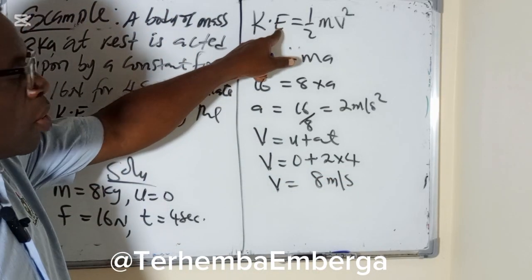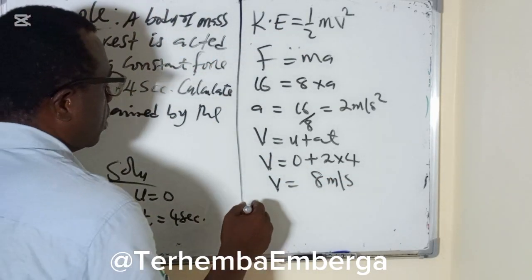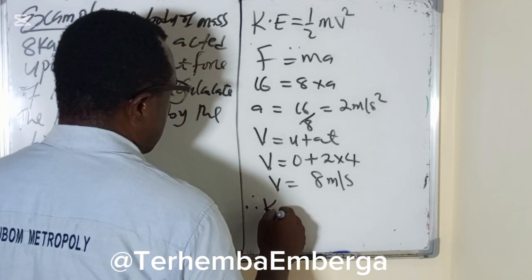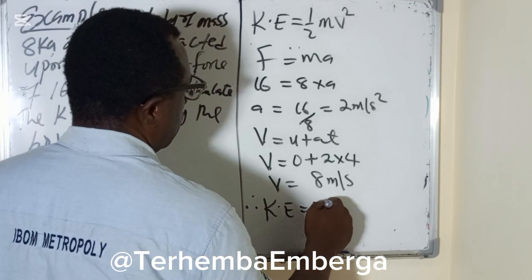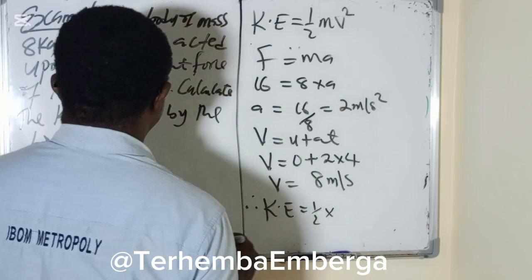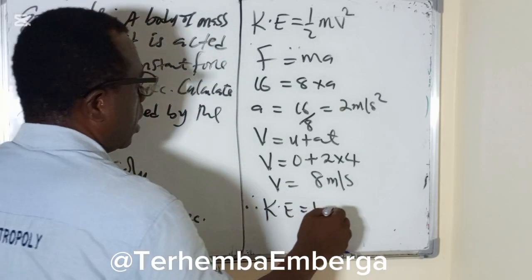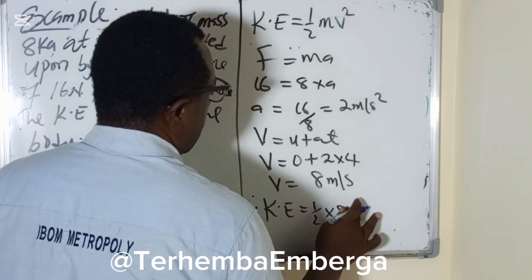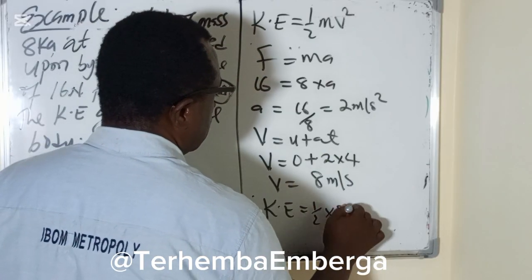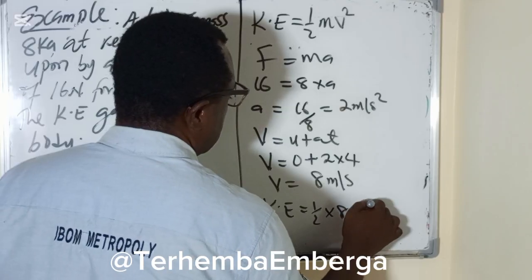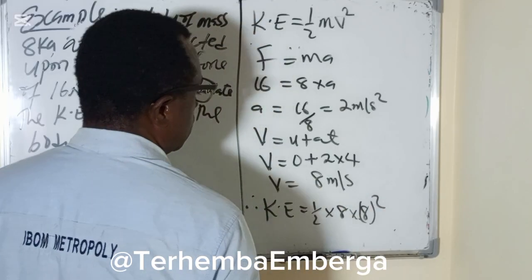So we can now deploy this formula. Therefore, kinetic energy is equal to half times the mass, which is 8 kg, times the velocity, which is 8 squared.